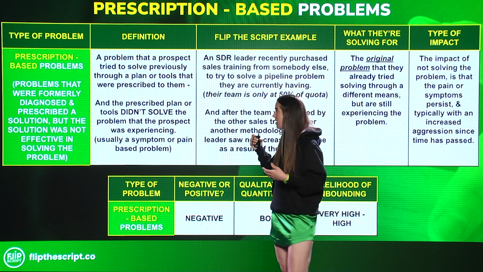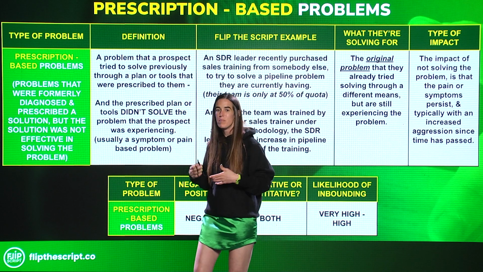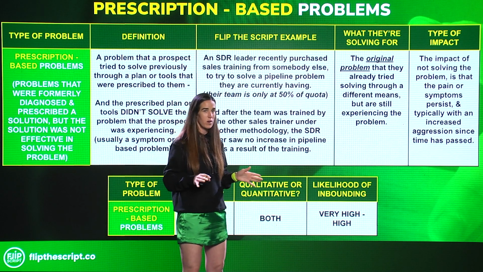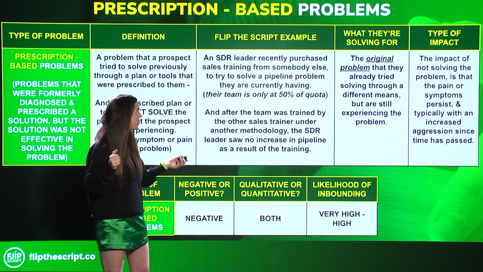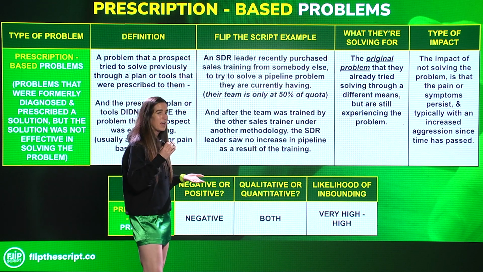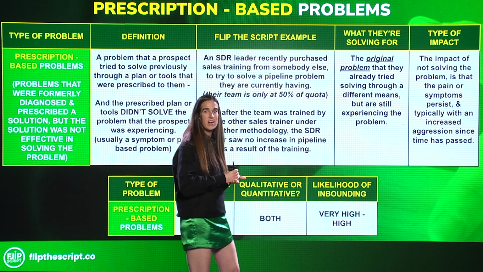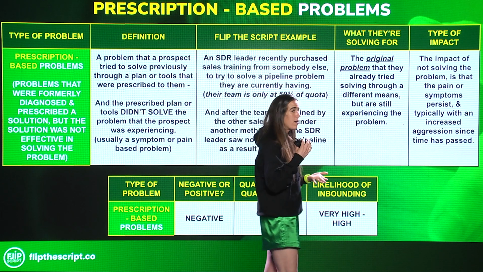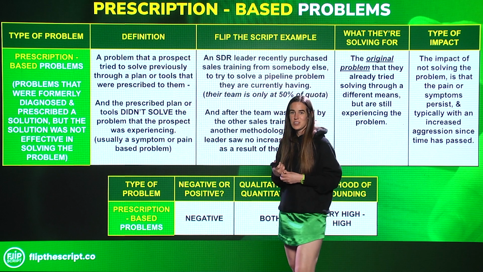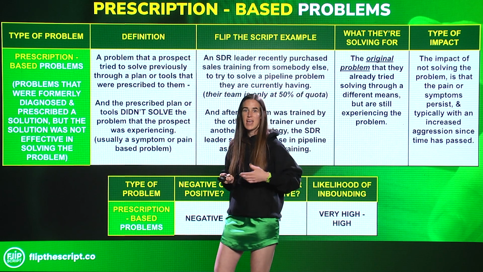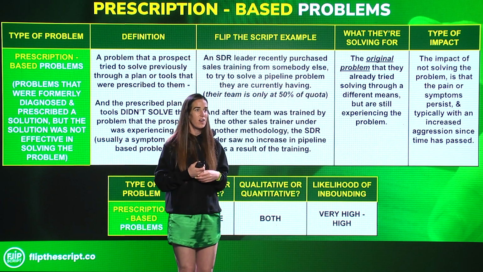So this is where, again, your prospect has a problem, they tried to solve for it, it didn't work. A great example is, I hope this is not shots fired, an SDR leader came in, they recently purchased sales training, they wanted to lift a pipeline problem, they were at 50% of quota, they bought another sales trainer methodology, and they didn't see an increase at all in pipeline.